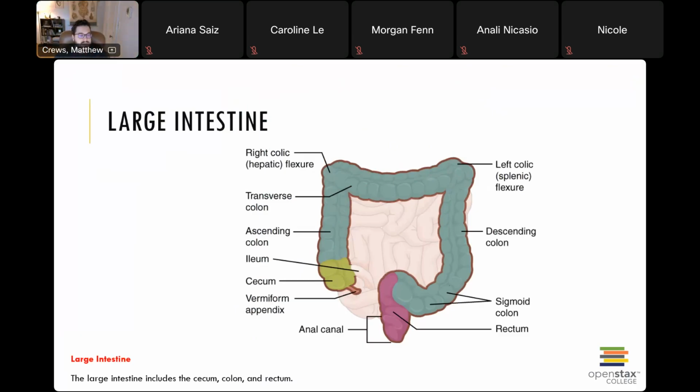Colon. Let's see. It's a very fun dissection.